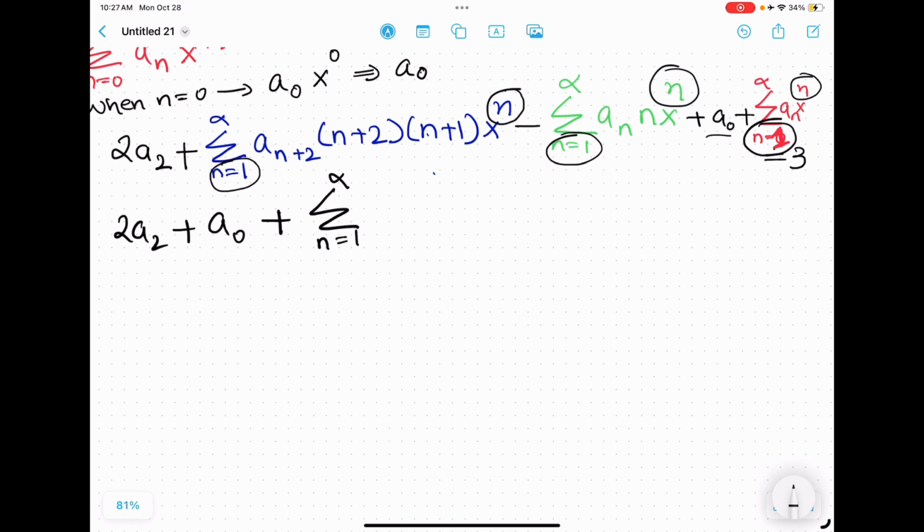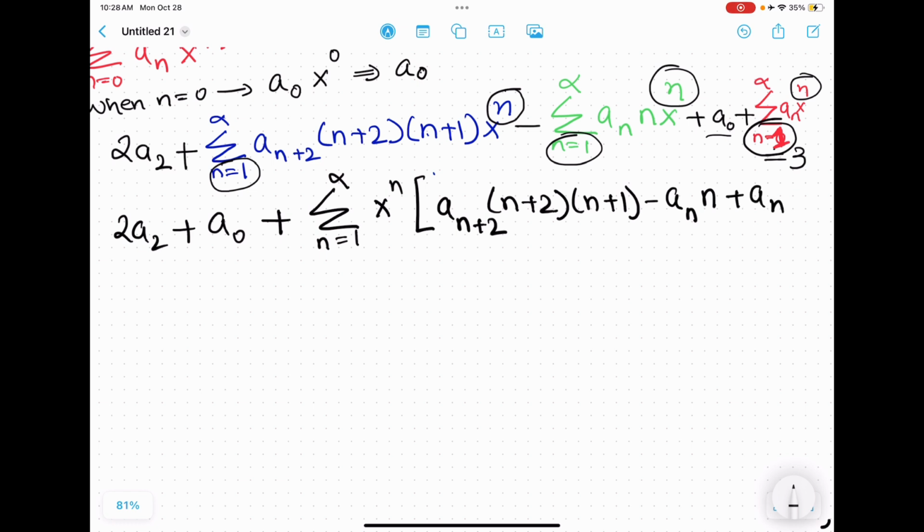I can see that all of them have x to the power n as common, and then I just write the leftover terms for each of the power series, plus a sub n equals 3. Okay, now I have space for my 3 over here. Okay, so I can see that it looks pretty good so far.